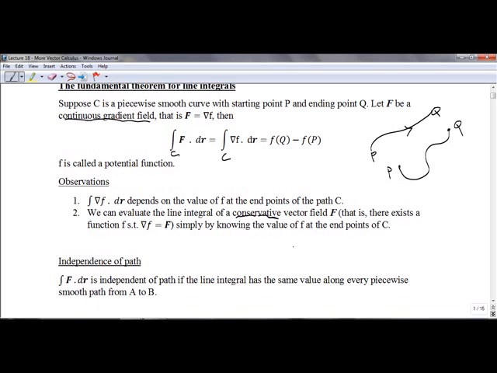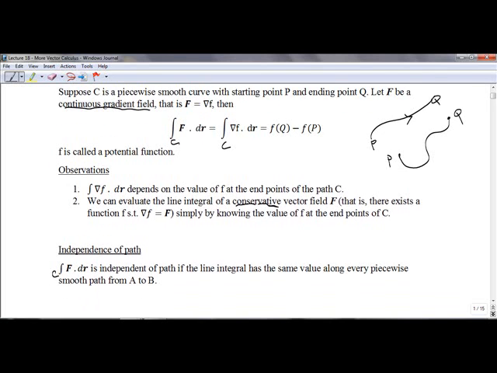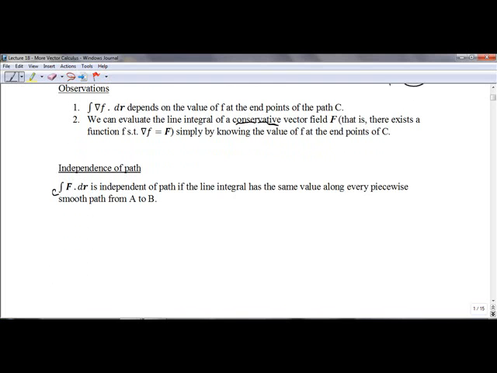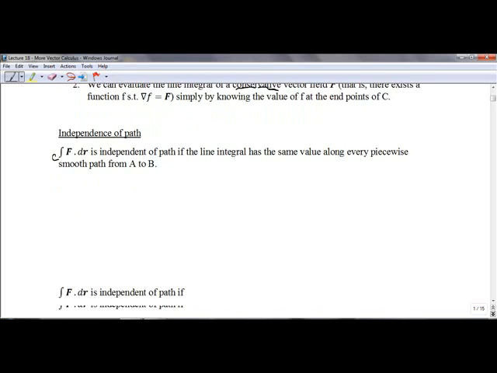The integral, let me just put a little C below there. That line integral is independent of path if the line integral has the same value along every piecewise smooth path from A to B. Let me show you what I mean by that. So let's say you have points A and B here.